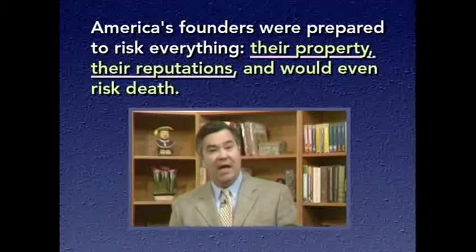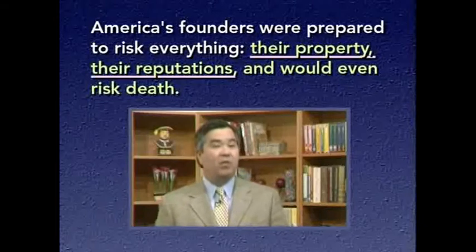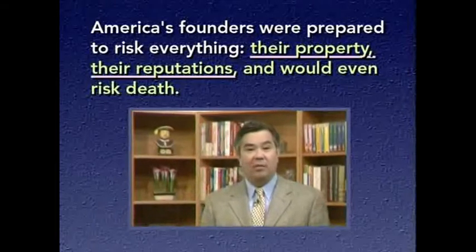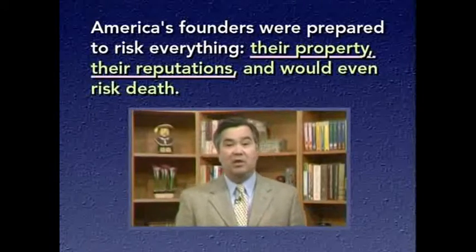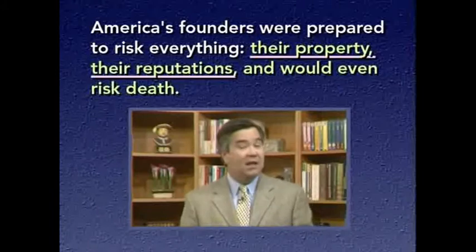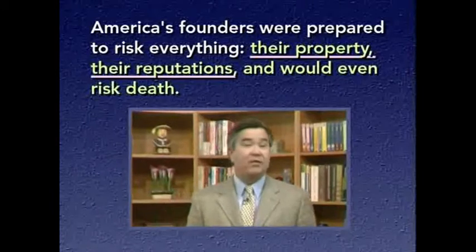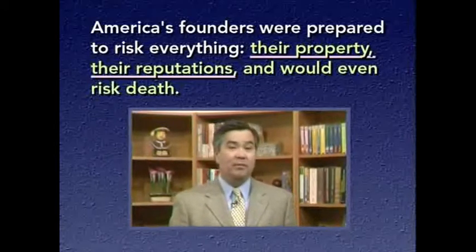Here we have nouns, property and reputations, preceded by the possessive pronoun their. However, the third item is listed in a different form. Would even risk death. Suddenly, a verb has been inserted, would risk, and this changes the grammatical form. So the 3 items, even though they have similar meanings, are not being set up in grammatically similar form.